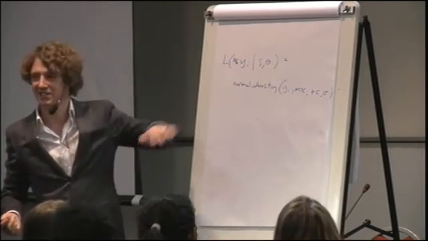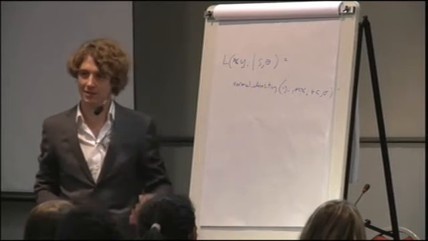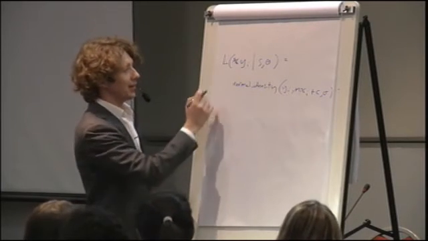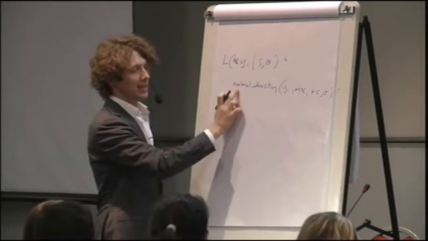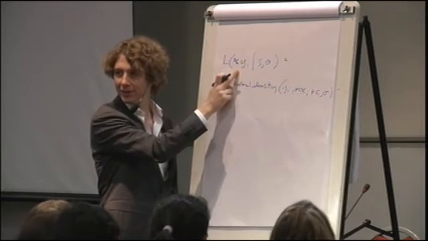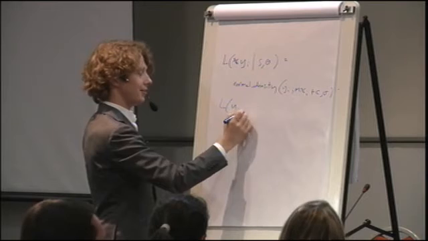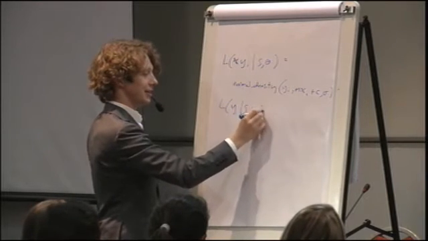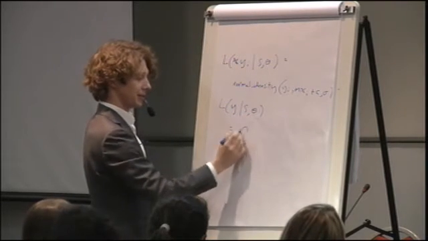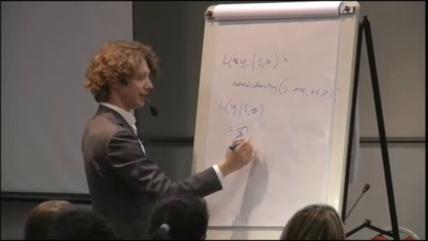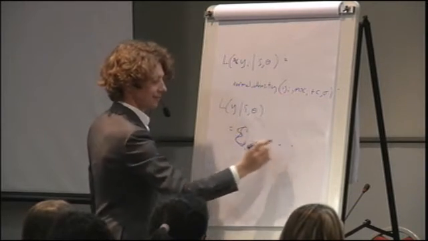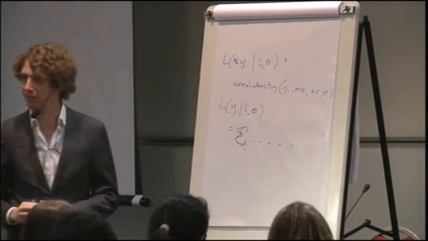Now, it's actually a probability density, not a probability, but it turns out that doesn't matter for this stuff. And then finally, if you want the log likelihood, you take the log of this, but that's still for one value, and then finally you sum over everything. So the log likelihood of y given S and theta equals a sum over all i of this. Does that make sense? It's that simple.